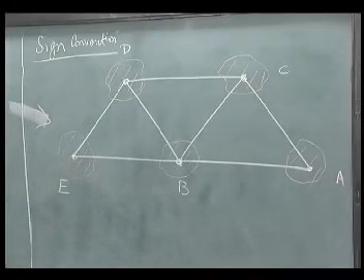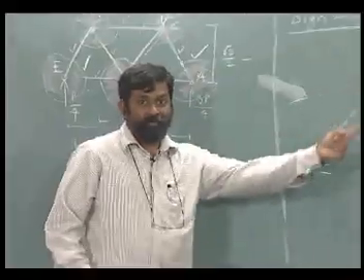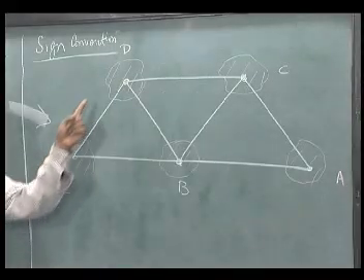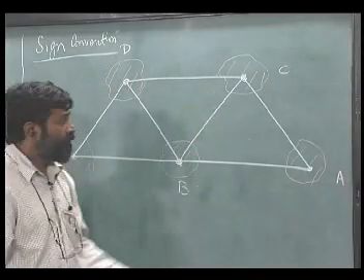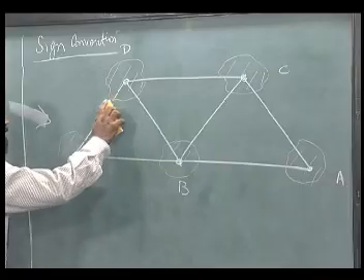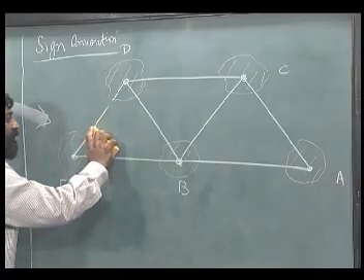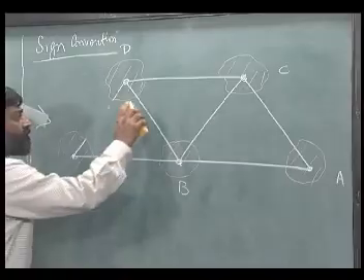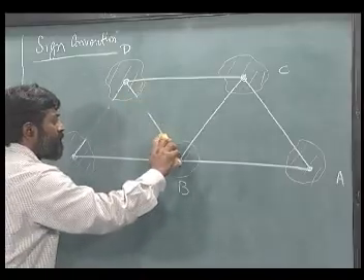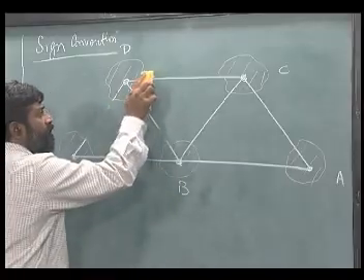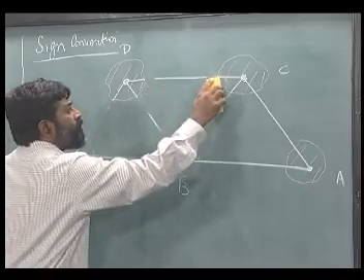We started with this problem, I have just redrawn in a bigger way here. These are the free bodies that I have taken. For just an understanding, let me just indicate the forces over here.